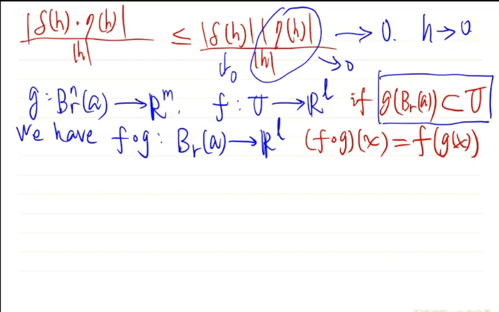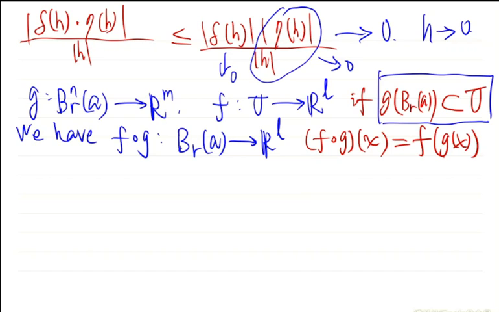This value is defined to be the image of the point x. So this defines a map from the ball to Rl. This map is called the composition of F and G. We can express this situation by this commutative diagram.